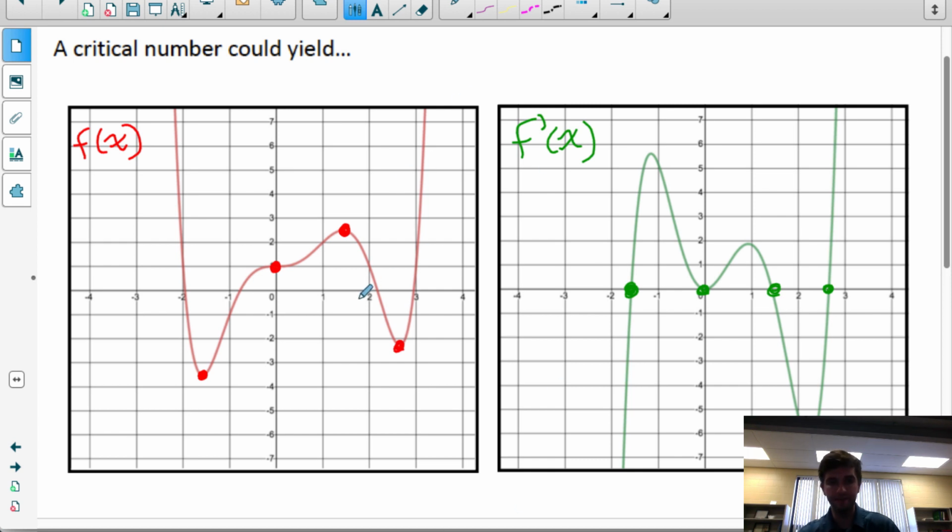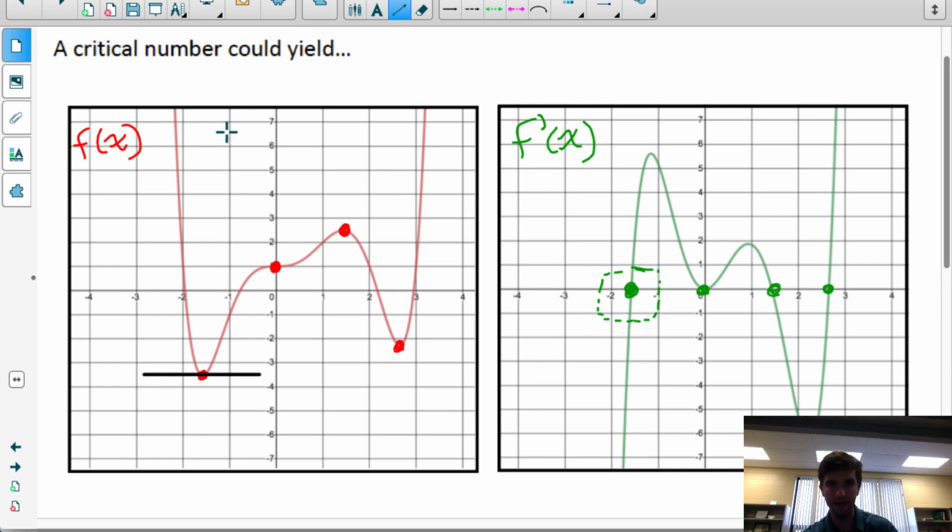So let's look at each of these separately. So let's zoom in on this point right here first. If I look at that one, the fact that the derivative is 0 at an x value of negative 1 point whatever, that tells me that the tangent slope on the original function, so if I were to draw a tangent line to the original function at that same x value, it would have a tangent slope of 0. And what type of line has a tangent slope of 0?